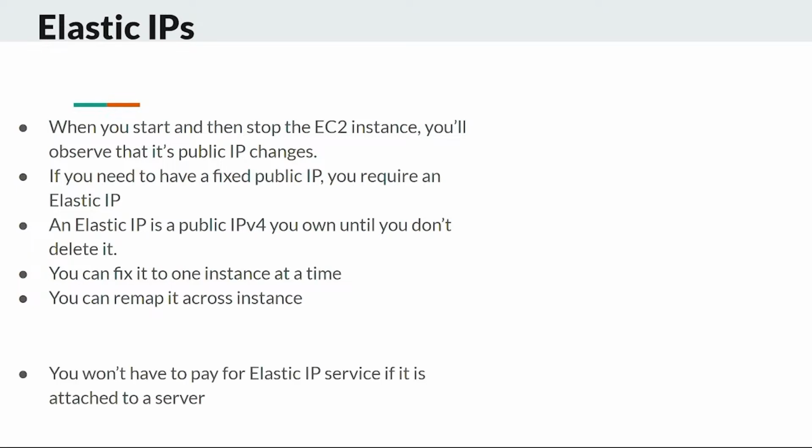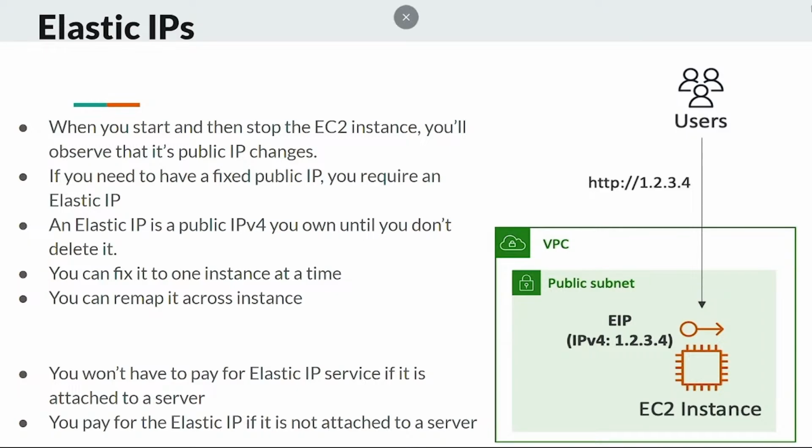You won't have to pay for the elastic IP service if it is attached to a server. Suppose you are working and it is attached to a server, then you don't have to pay for that. But if it isn't attached to a server, then you will have to pay AWS for that elastic IP. And this is a picture showing how elastic IP is used.